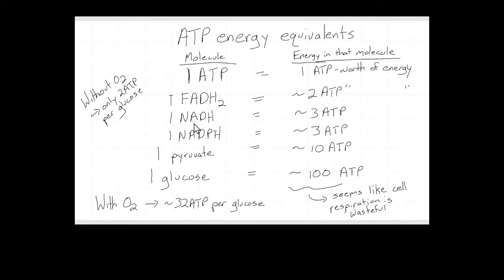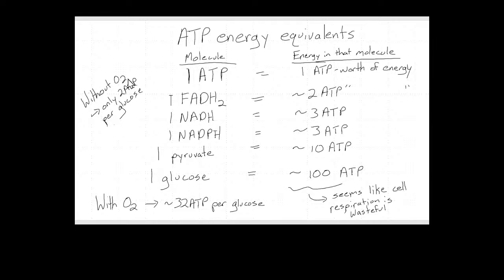Just know that we're going to have some of those coming into play when we go through some of these metabolic pathways. The pyruvate that you get once you break a glucose in half is worth about 10 ATP. And then glucose, the energy molecule you build up in photosynthesis and break down in cell respiration, or at least the classic thing that gets built up or broken down, has about 100 ATP.